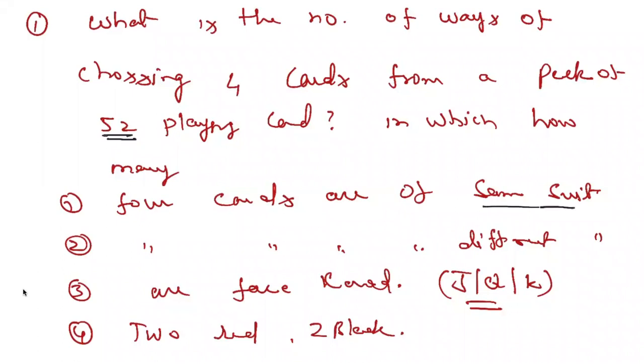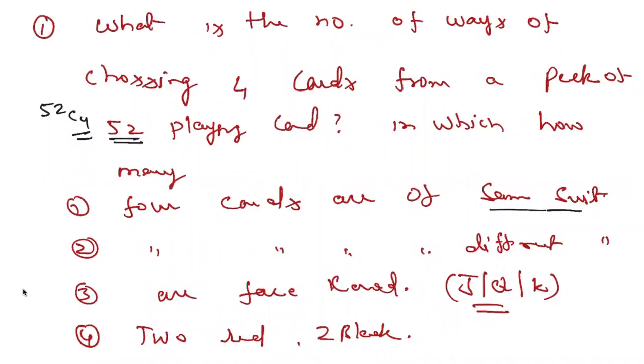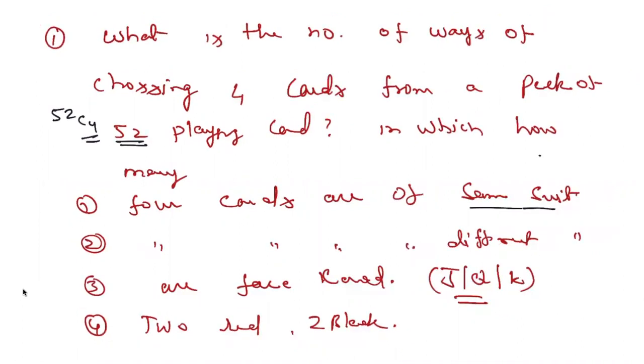First is how many ways only. So out of 52, we have to select 4, so that will be 52C4. But if it is given that it's from the same suit we have to select, how can we select this? The same suit. So how many suits are there?